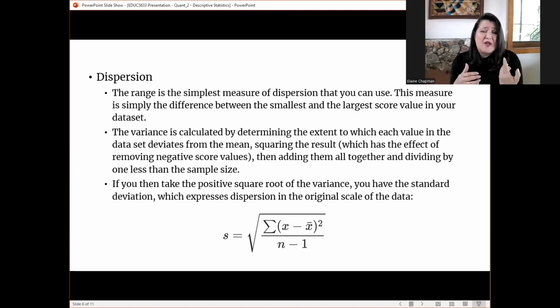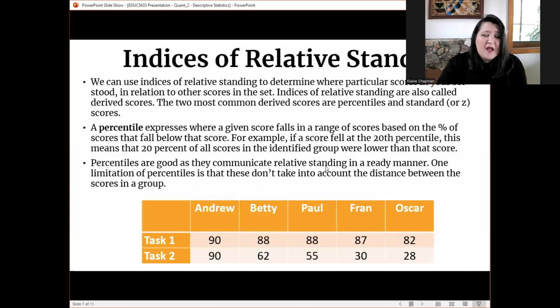So that would be quite a useful indicator of the characteristics of my distribution in terms of typicality, but also how dispersed my actual responses were from that so-called typical point.